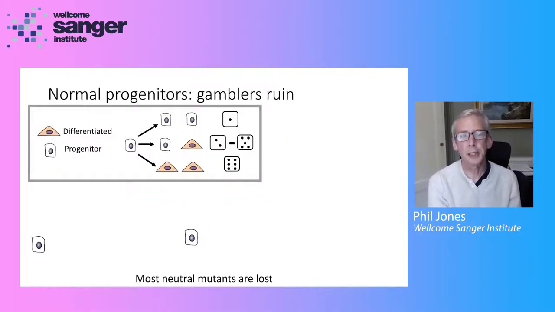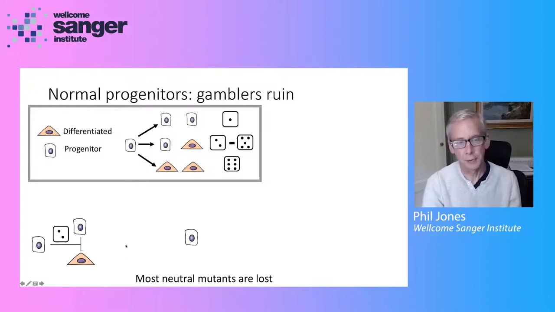Now, statistically, this kind of behaviour is named by statisticians gambler's ruin, or geneticists would call it neutral drift. And we can see how it works out in an example of two progenitor cells shown here. So these cells are now going to behave according to this model. At the first division, this cell has thrown a 2, and it has one daughter of each type, but then it throws a 6.